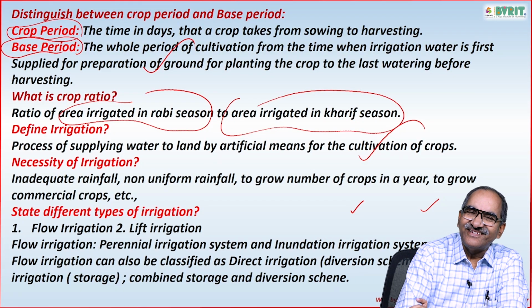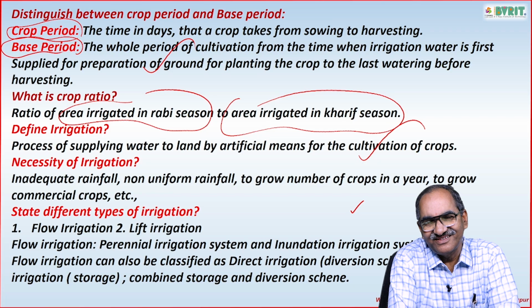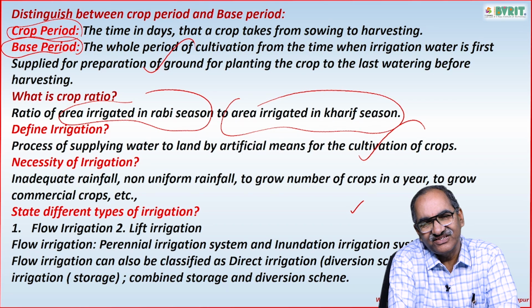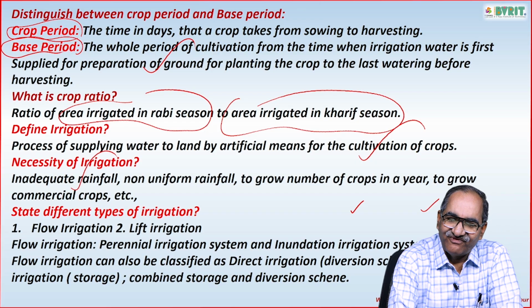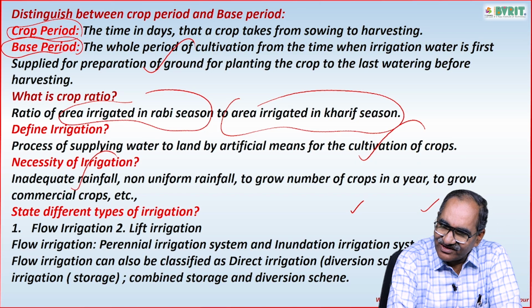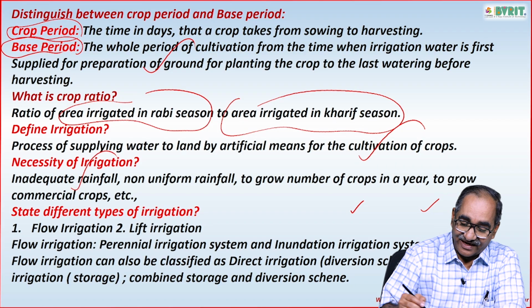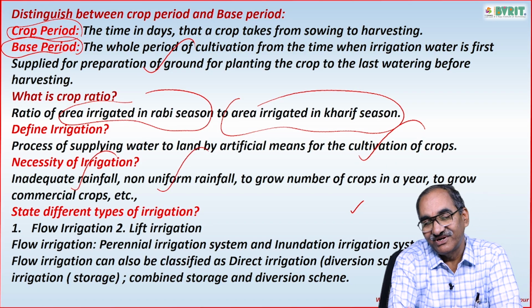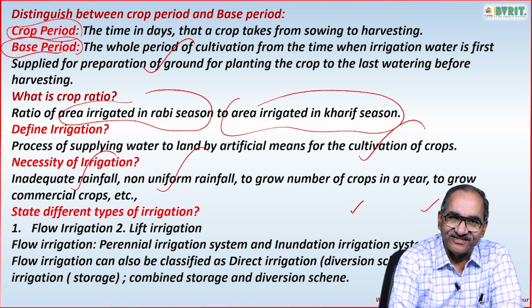Then what is the necessity of irrigation? If rainfall is there anyhow, then what is the need of irrigation? Problem is it is inadequate rainfall. For example, rainfall is not sufficient in particular years. Then what's the alternative? Similarly, non-uniform distribution. In one area it is very high, in one area it is very low.